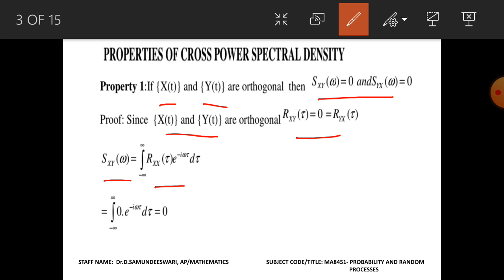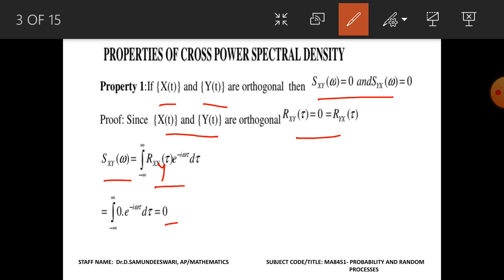It is the integral from minus infinity to plus infinity of Rxy(tau) e^(-i omega tau) d tau. In that, put the Rxy(tau) value equal to 0. So 0 into e^(-i omega tau) d tau, you will get all of it equal to 0. Therefore Sxy(omega) equals 0.